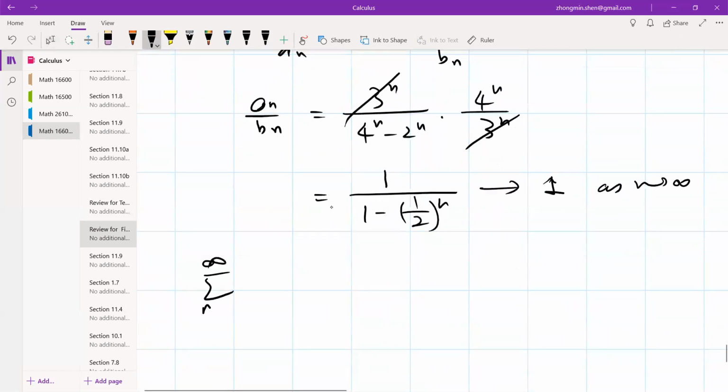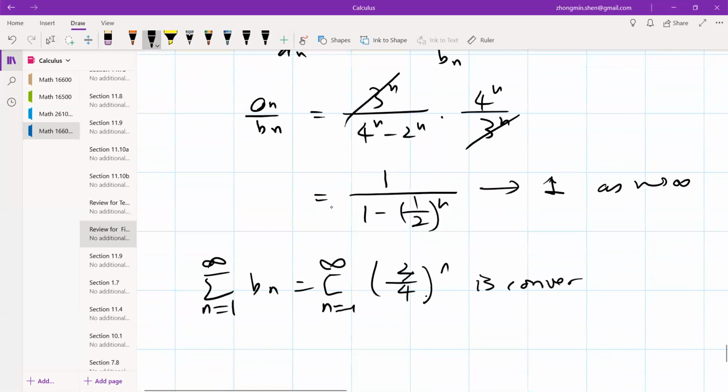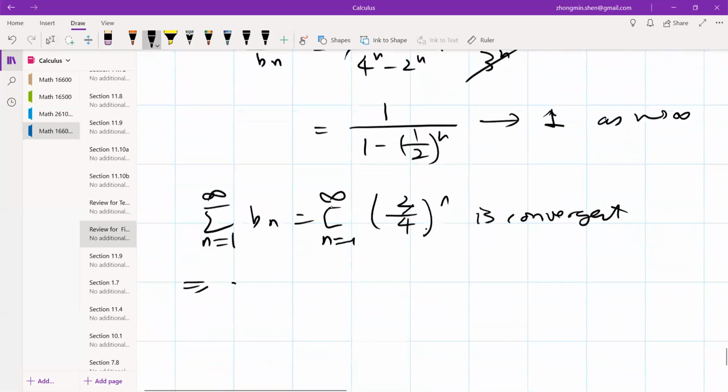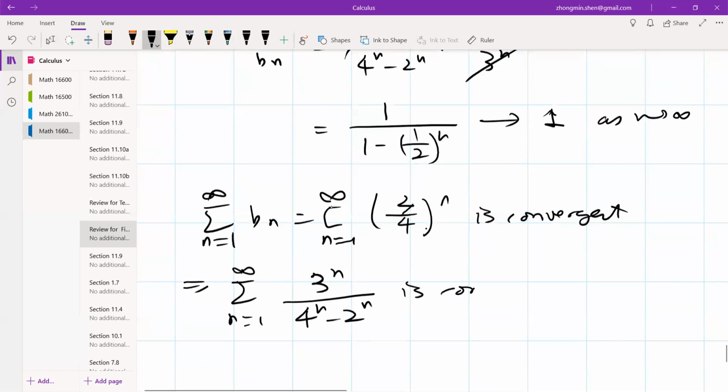But I know this one is convergent, and the 3/4 is a geometric series, right? So you should see the result before even trying to prove it.